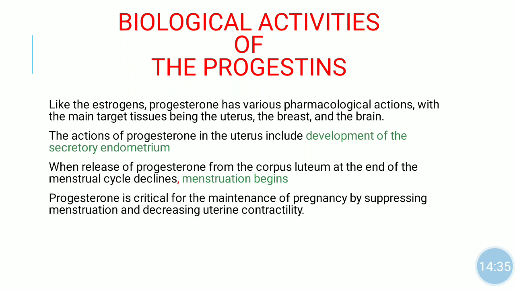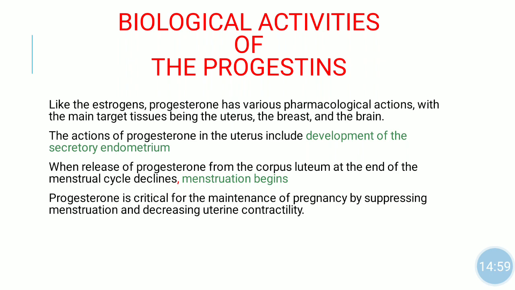The action of progesterone in the uterus includes development of the secretory endometrium. When the release of progesterone from the corpus luteum declines at the end of the menstrual cycle, menstruation begins. So for maintenance of the normal menstrual cycle, there is a role of progesterone.